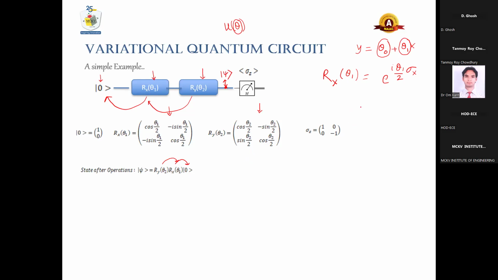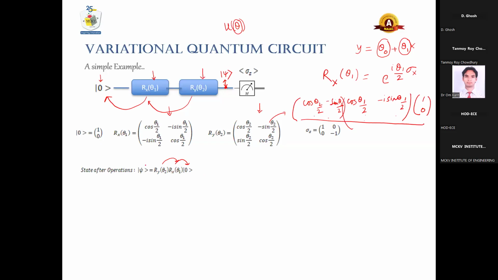So what I want you to do is apply cos theta 1 by 2 minus i sine theta 1 by 2, and so on. That is my Rx on |0>, that is 1. And then I apply again cos theta 2 by 2 minus i sine theta 2 by 2, and so on, this matrix, and you calculate what you get.